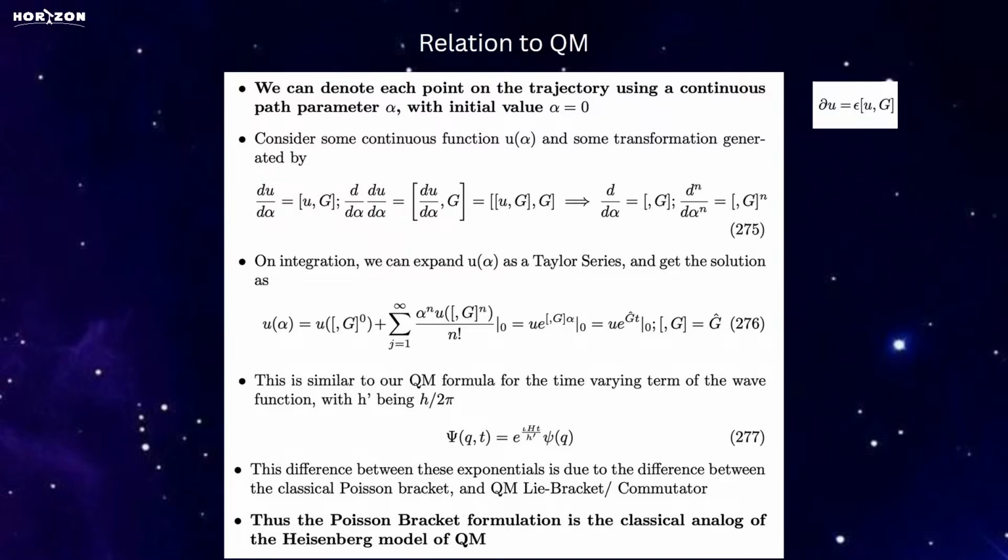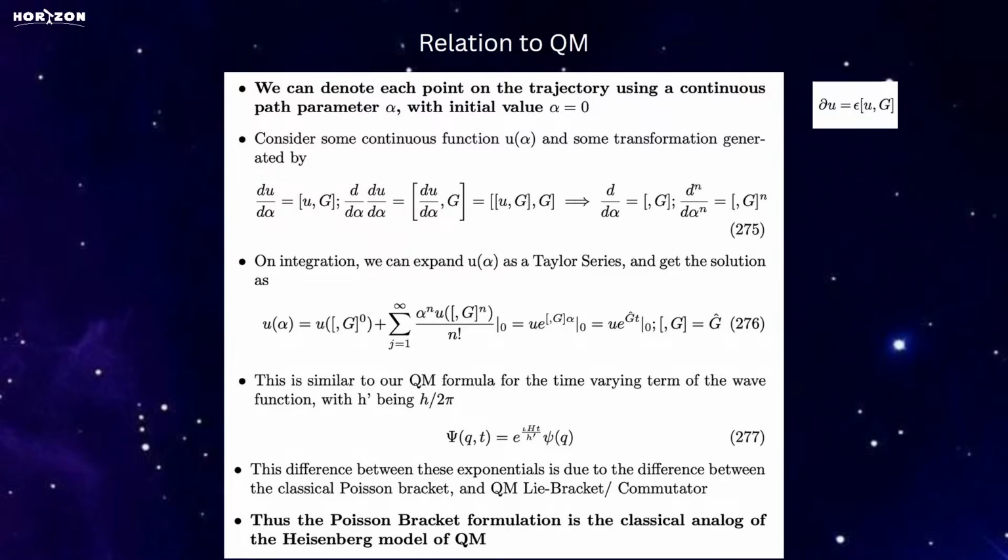And we can write u of alpha as a Taylor series expanded about alpha equal to 0. Just bring the u out and remain in operator notation, and we get this. Now this series is the Taylor expansion for exp of operator G times alpha.